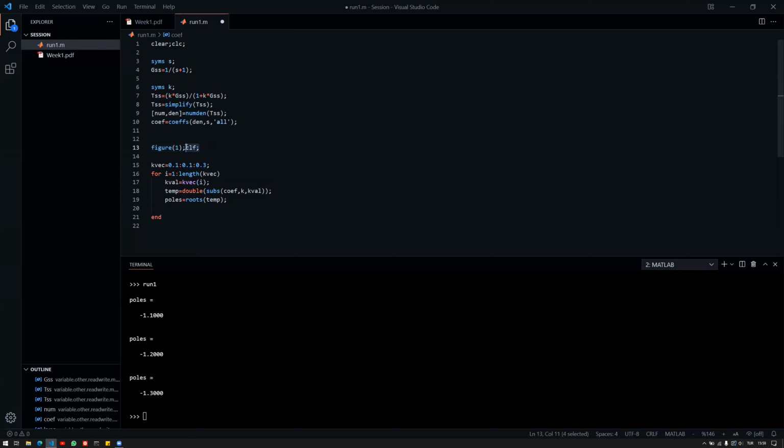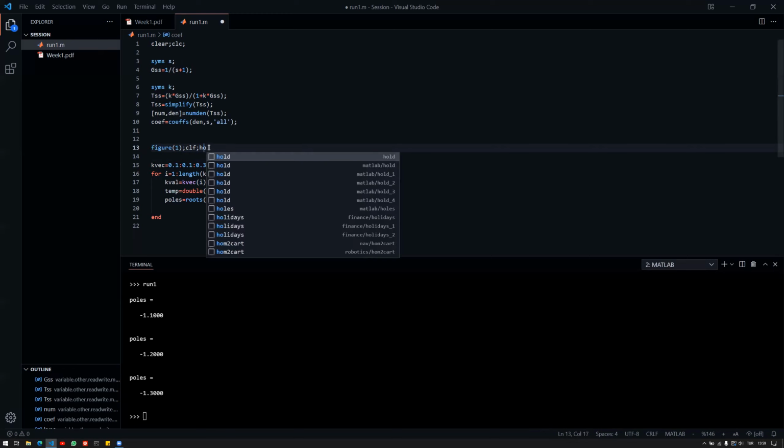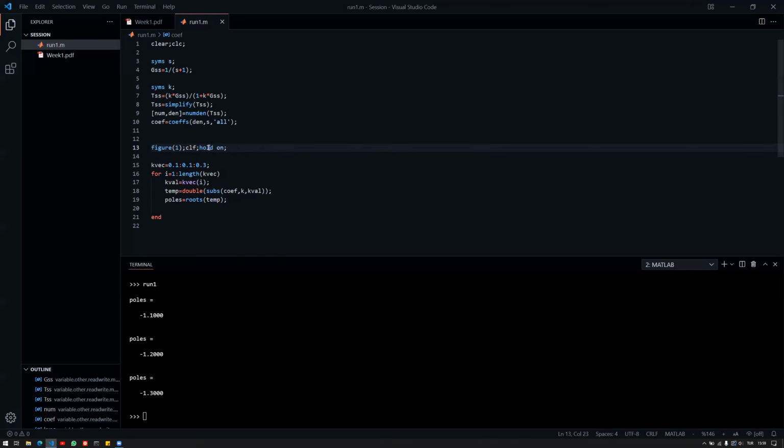So I'm clearing it, because I'm not sure if it's already newly created or if it's an old one. And then I open up the hold on flag, which means that each plot should not overwrite the previous ones. If I don't do this, plot will erase the plot and then only show the last plot, basically. And for reading aid, I will include grid on.